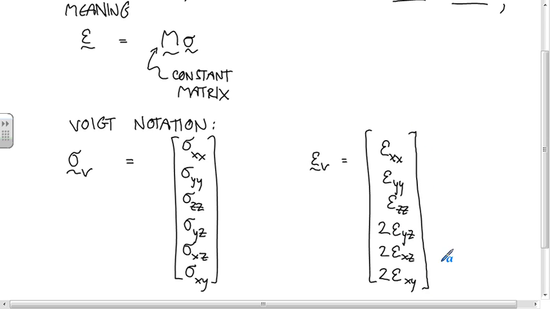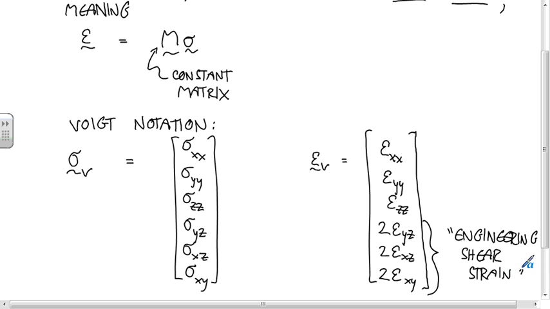And those factors of 2 mean that we're talking about engineering shear strain here rather than tensorial shear strain. Okay, any questions about that?